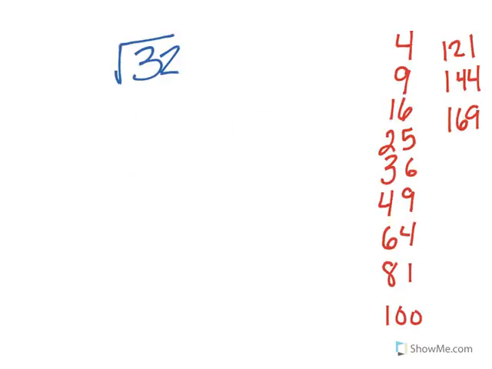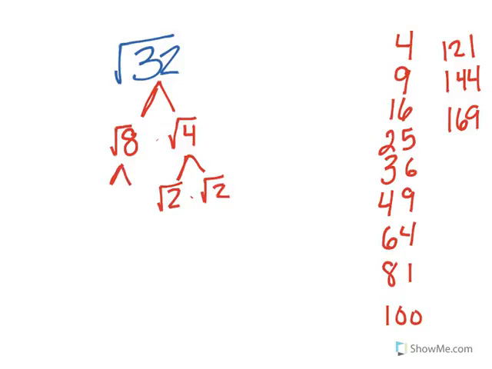Slightly bigger number, 32. Let's say 8 times 4. We'll break down this into 2 times 2. 8 is 4 times 2. And it's just going to continue.